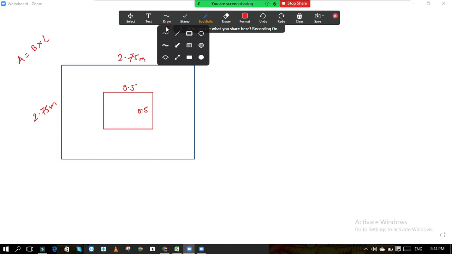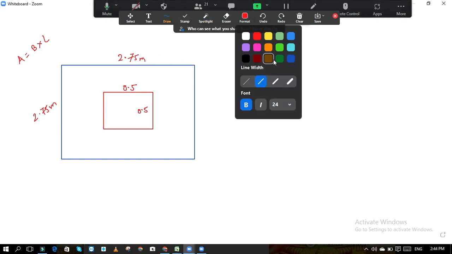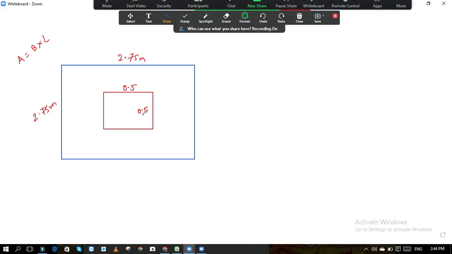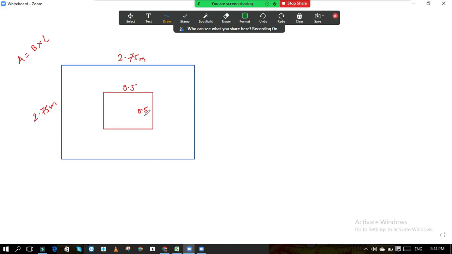And which area will it be, up to where will it extend? That is your critical section, which is at a distance of D/2 from the face of the column. Now if I draw this critical section, it will be like this, this is the critical section.